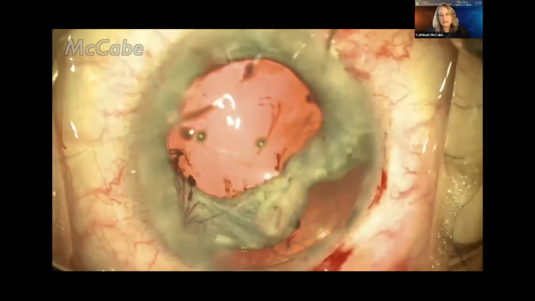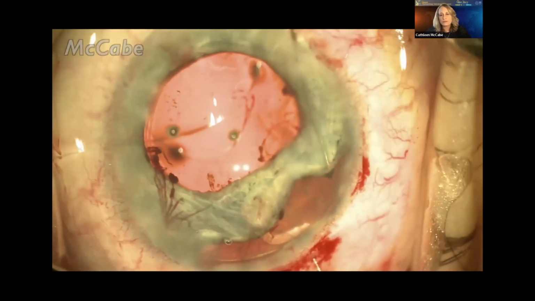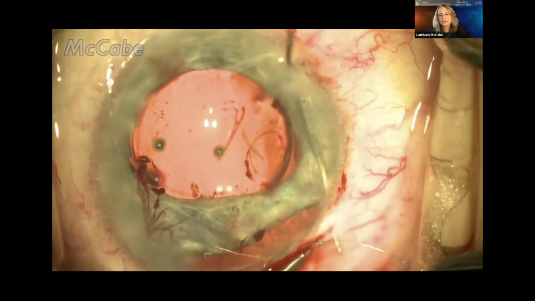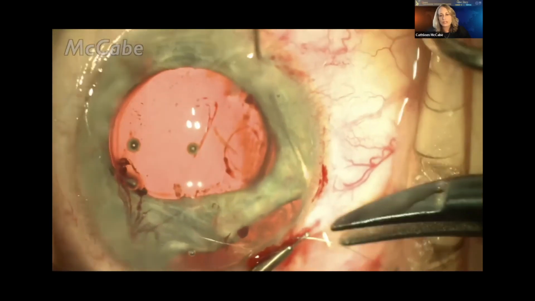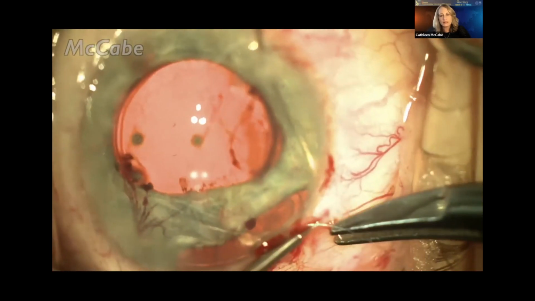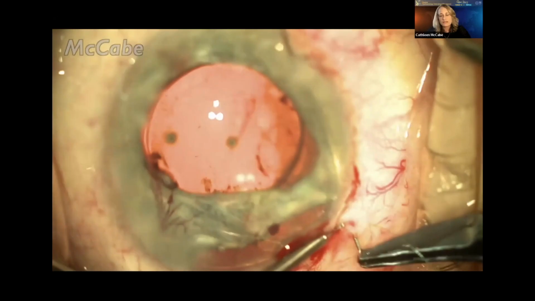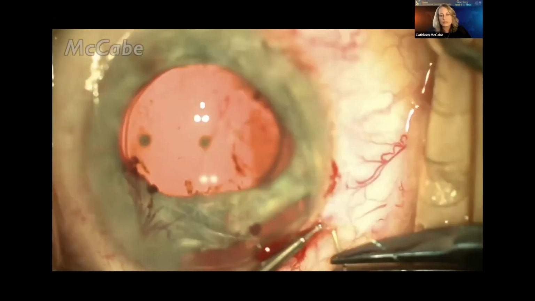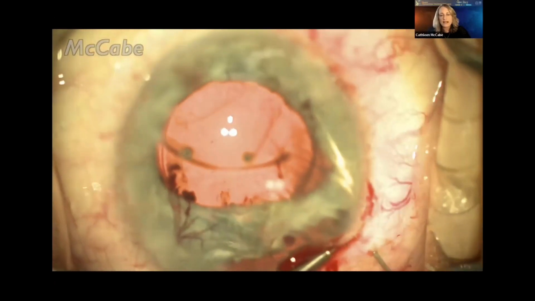So once I get all 4 passes through the peripheral iris placed and then through the sclera, I'll be able to adjust the tension and really look at how the placement of the margin of the pupil looks, because I want him to have a result that's as natural as possible.